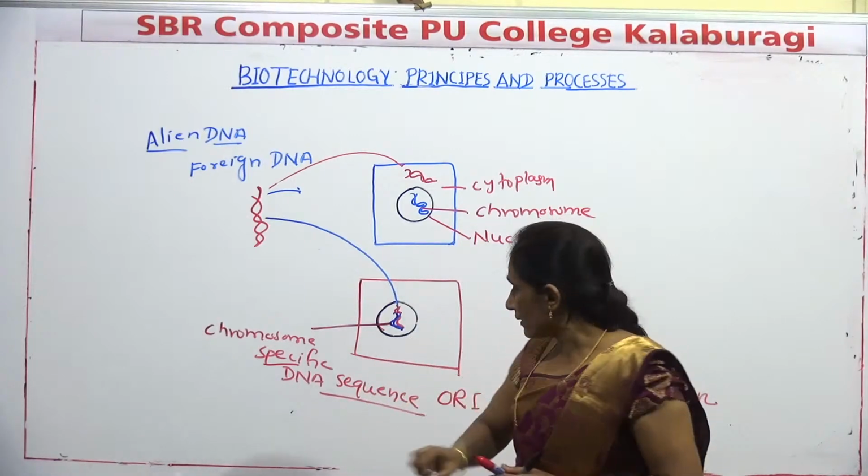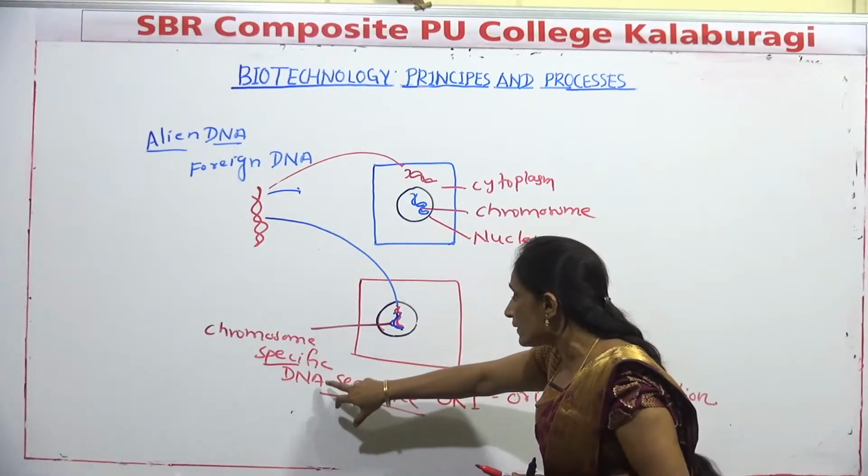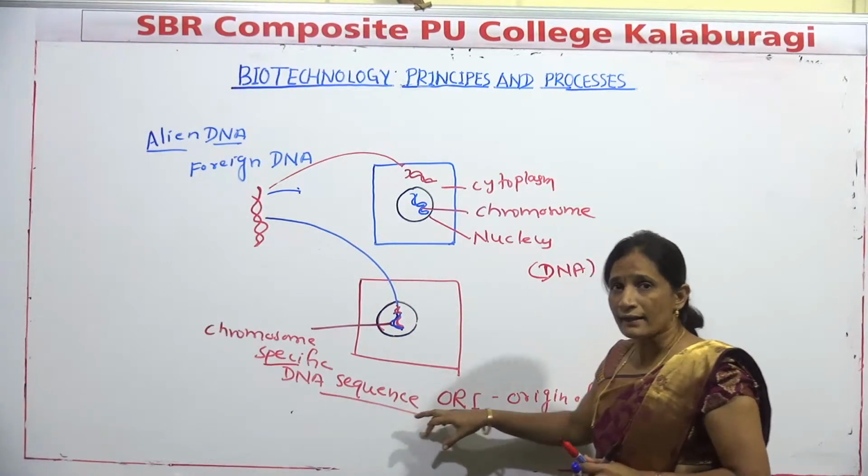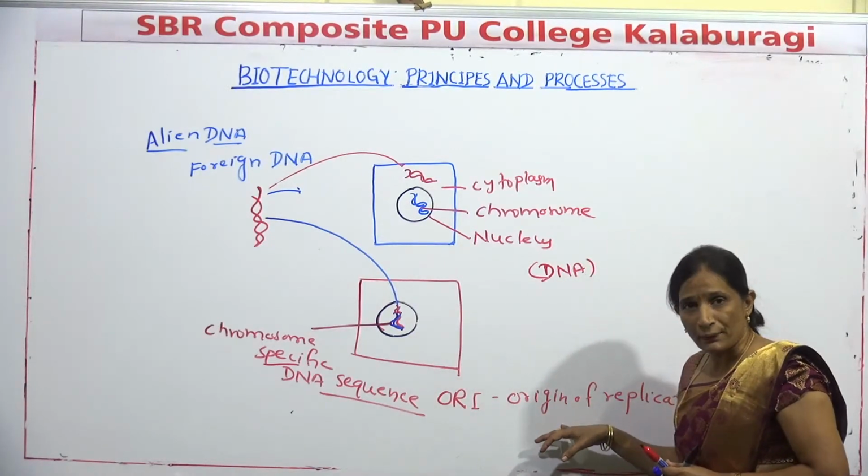So this chromosome has a specific DNA sequence, and that is called the origin of replication.